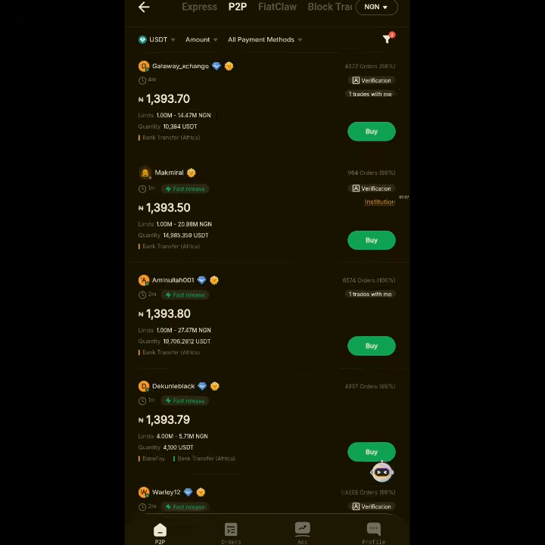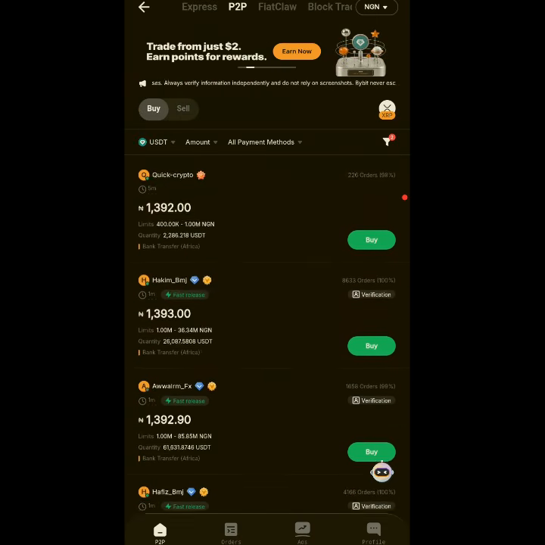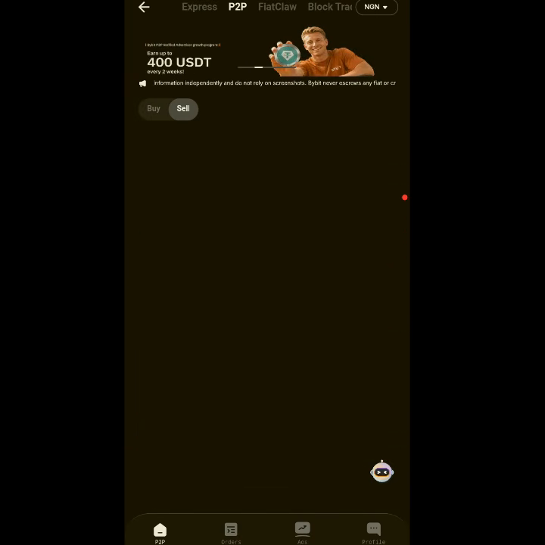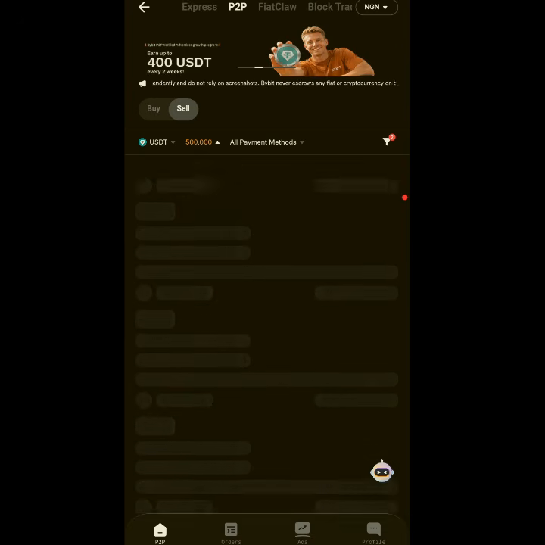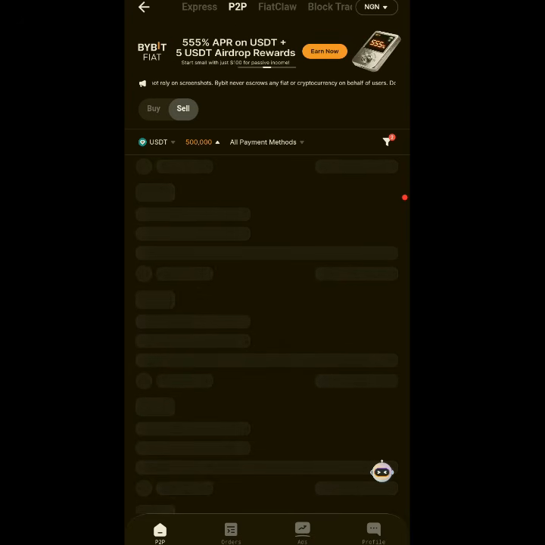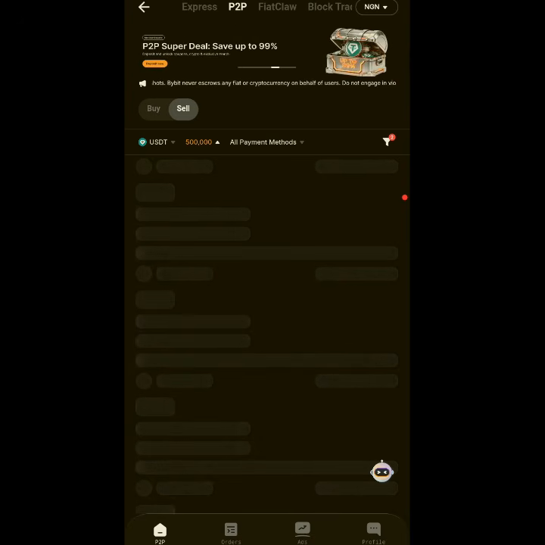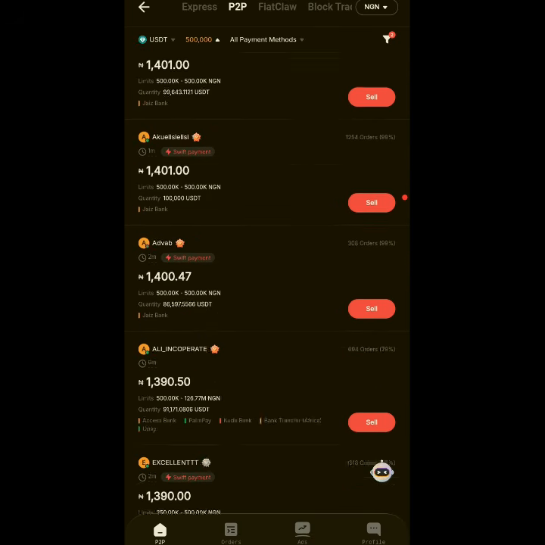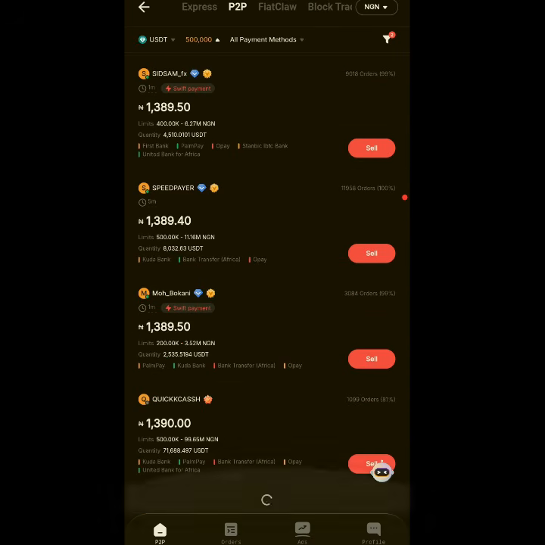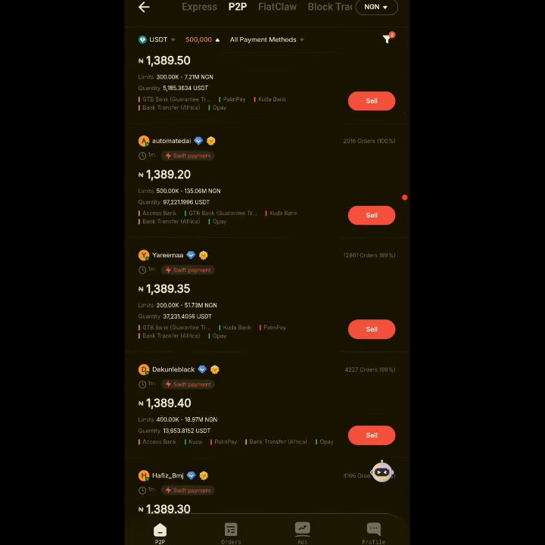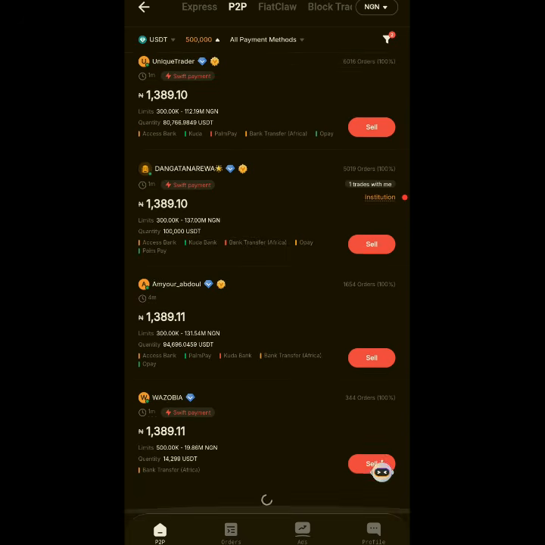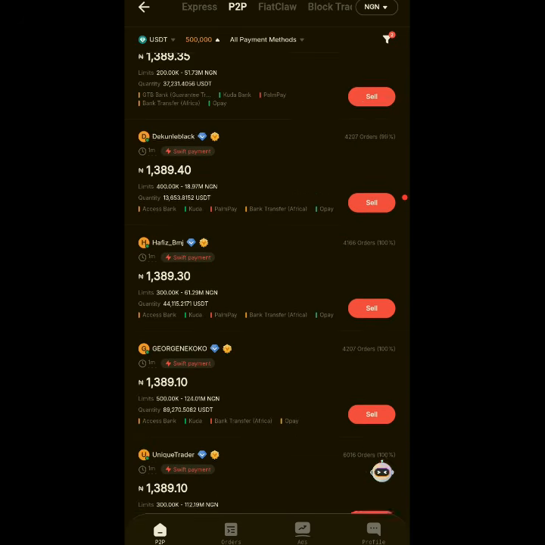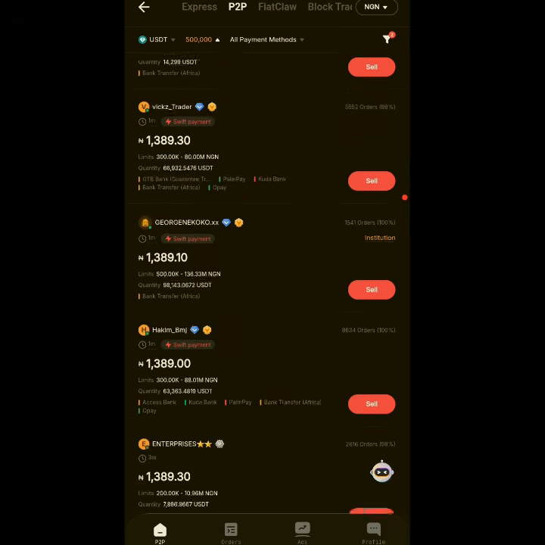It may be quite difficult for me to find one right now, but I hope you understand what I mean already. A general advertiser is somebody who does not have any badge at the front. I don't think I found one, but sometimes you can see them and wonder why they are there. But yeah, they are there.